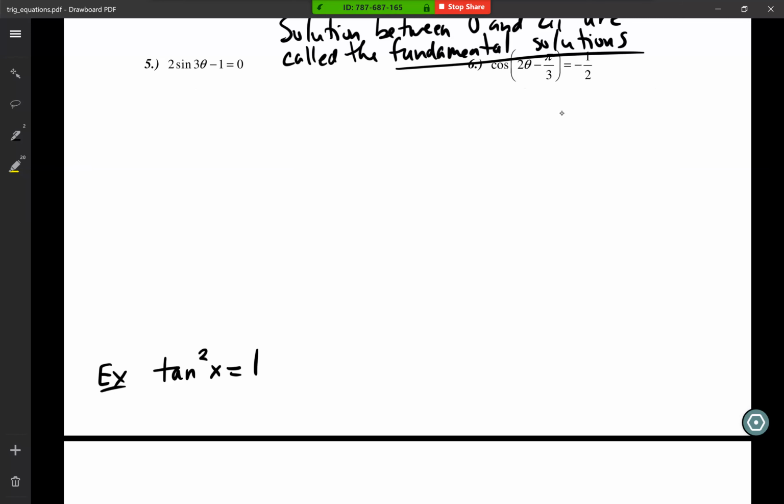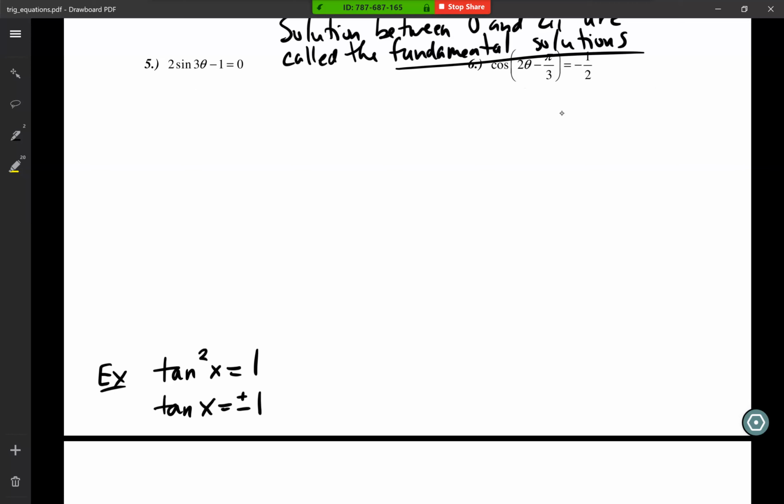All right, so much like the previous problem, I want to get the tangent by itself. So I'll take the square root of both sides. When I take the square root of both sides, though, I get plus or minus 1. So I want to know where the tangent is equal to 1 and the tangent is equal to negative 1.